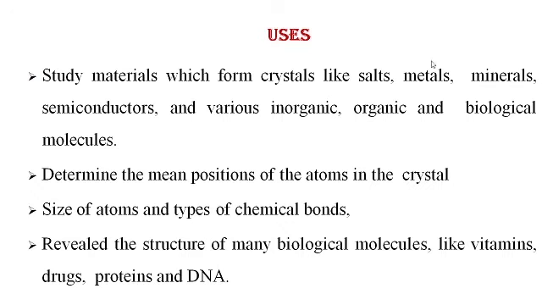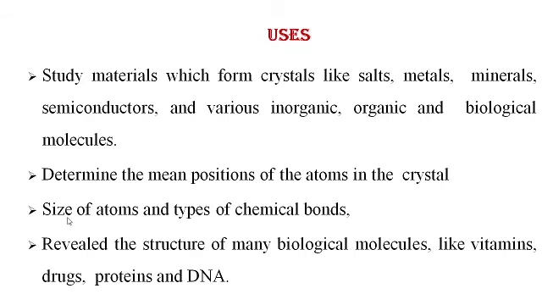So all substances like salts, metals, minerals, semiconductors, and various inorganic, organic, and biological molecules can be studied using X-ray crystallography. X-ray crystallography gives us the mean positions of the atoms in the crystal.